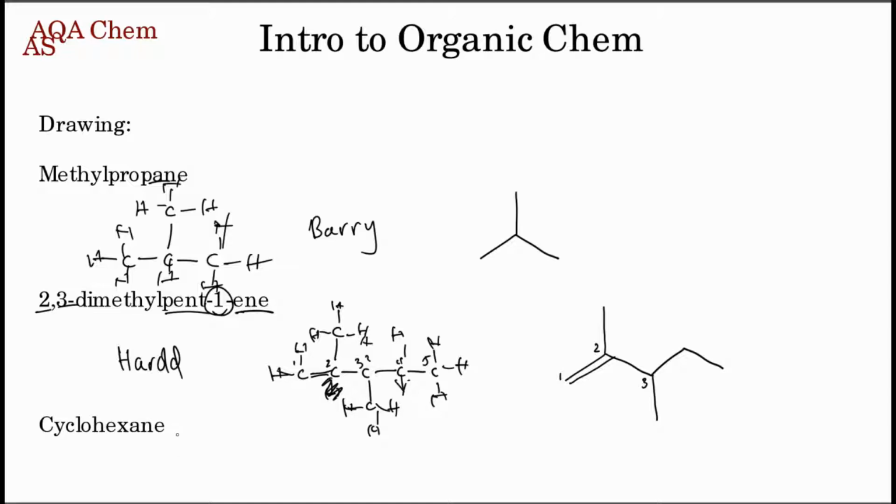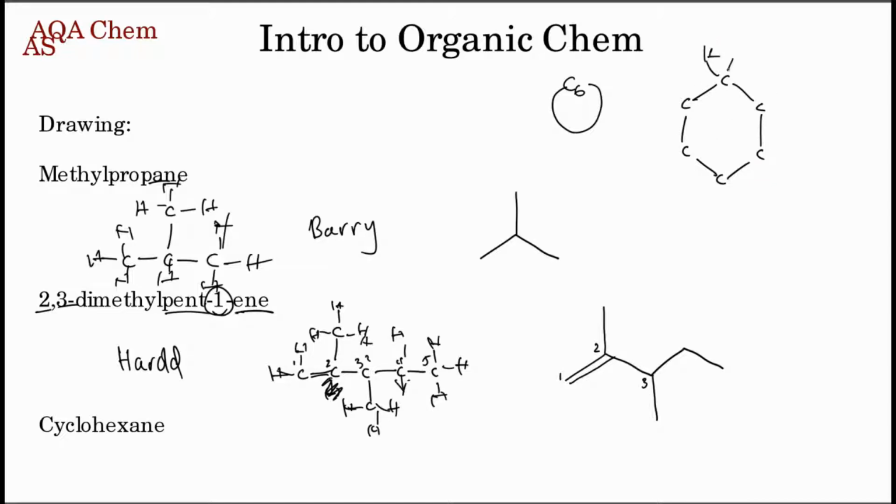And finally, we have cyclohexane, which I've not given myself enough space for. So, cyclohexane. It's a hexane, so it's a C6, but it goes round and connects back in a loop. So if we draw it like that, we have to draw 6 C's, but connect them in a hexagon, in a loop.